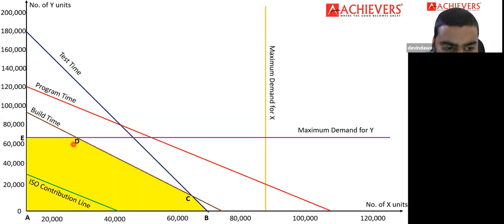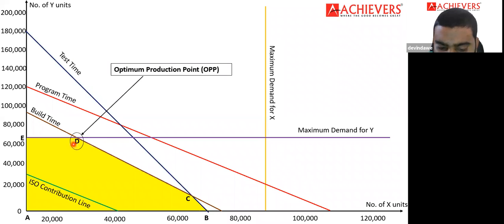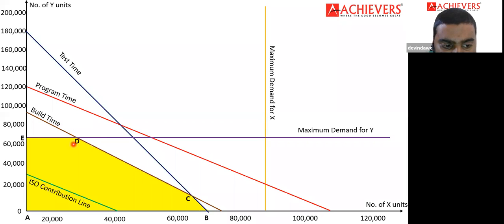Again, see, A is already cut. Right, A is already cut. So when it goes up at this point, B is cut. Now it's going up. At this point, C is cut. At this point, E is cut.